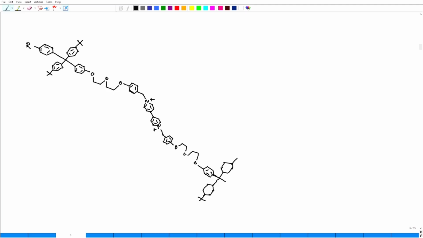For example, I am writing R here, and you see, I have written aromatic groups. Same thing here.